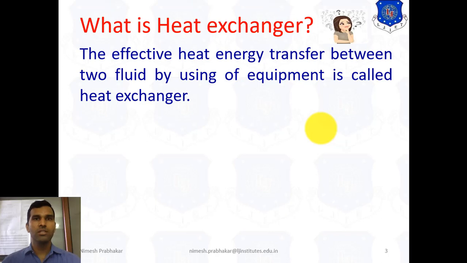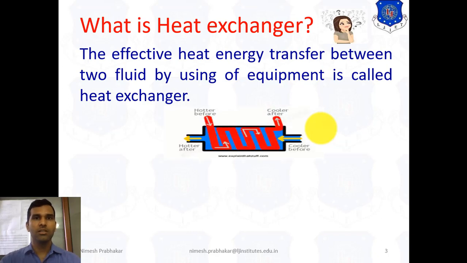Now we see a basic and simple heat exchanger for understanding. See, this is a heat exchanger. Here cold water enters from this side and is converted into hot water, and leaves from this side.